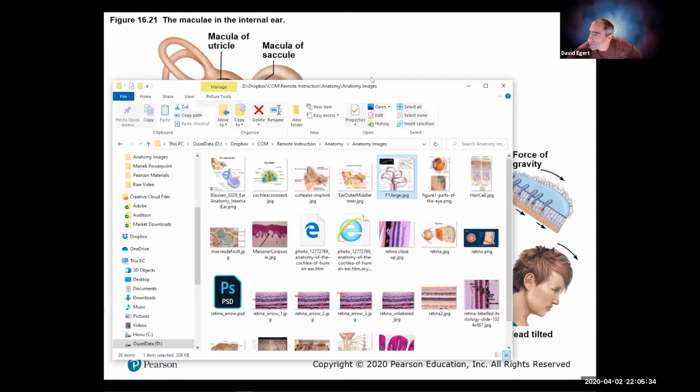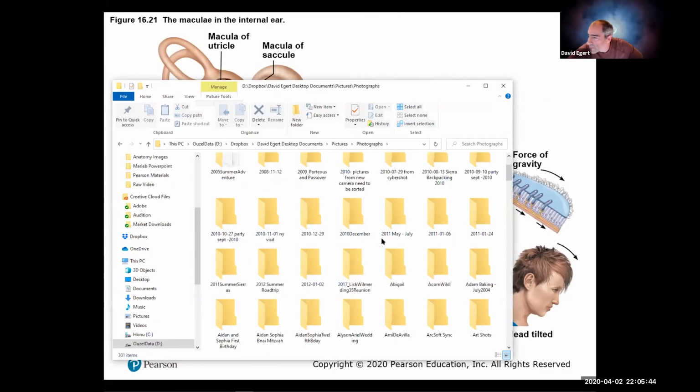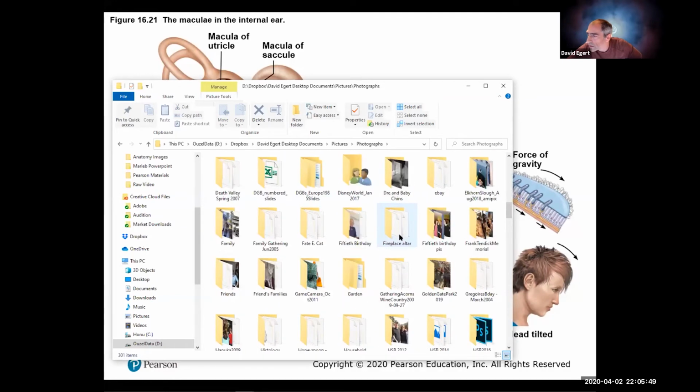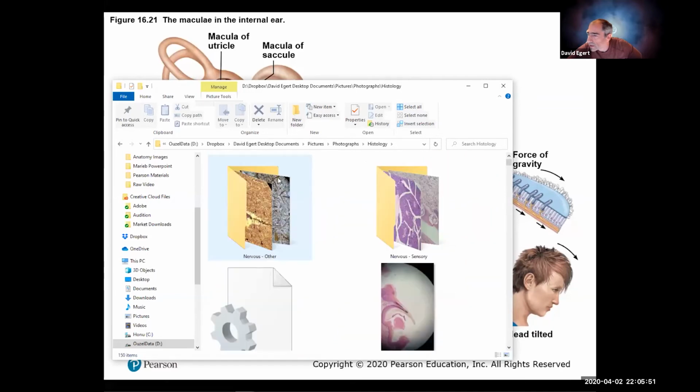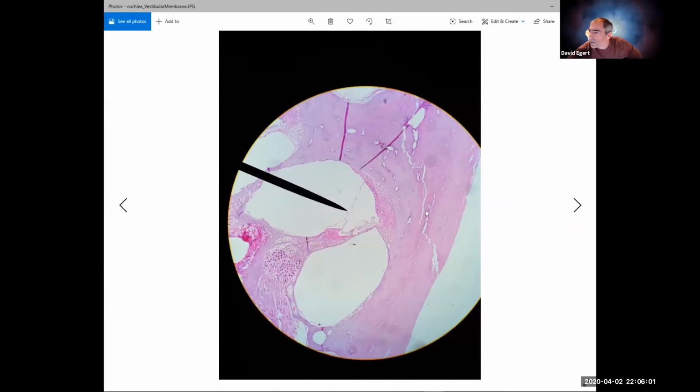I am still going to, I thought I had it there, but I have it someplace else. Photographs. Histology. Here we go. Okay, I am now going to share my screen here. New share. Oh, no, it's, do you see it?